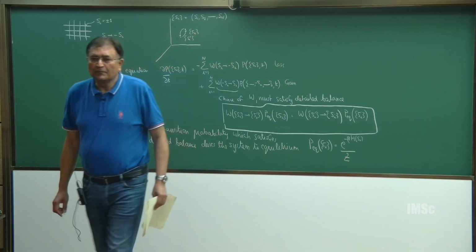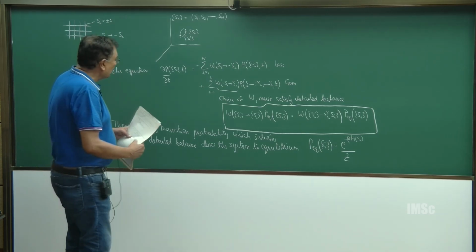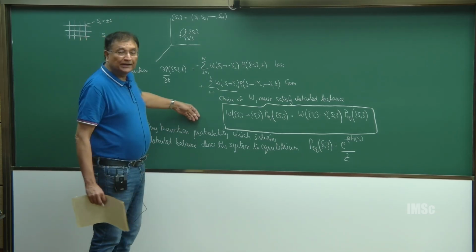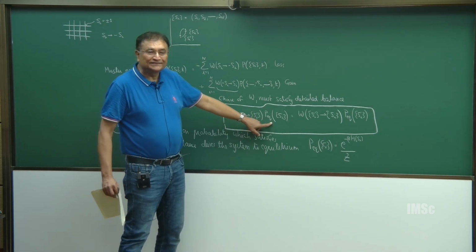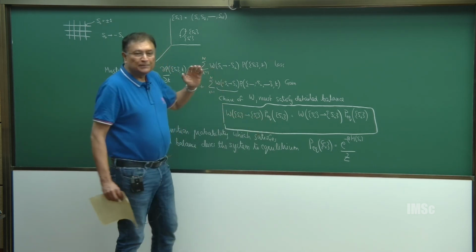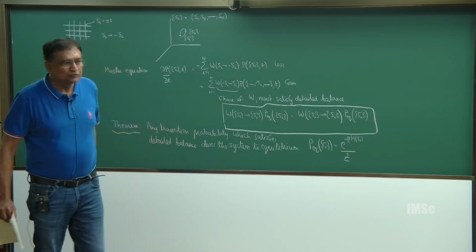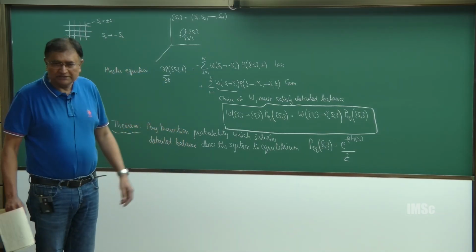That is the equilibrium probability, and I am making a very strong statement out here that any transition probability that satisfies this is going to drive this master equation to equilibrium. So ultimately, you will end up with an equilibrium ensemble.